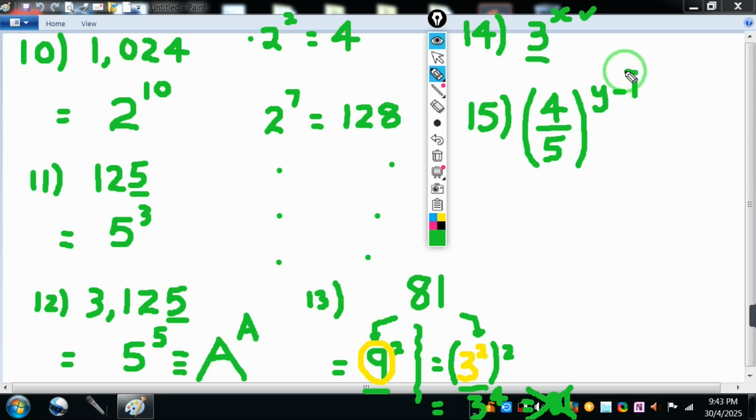So that whole thing is the power, is the index, so is the exponent there. Though another part of the exponent is that y has been subtracted with 1. We can differentiate the two. This is the base. In this case it is 4 over 5, 0.8, or just put 4 over 5.